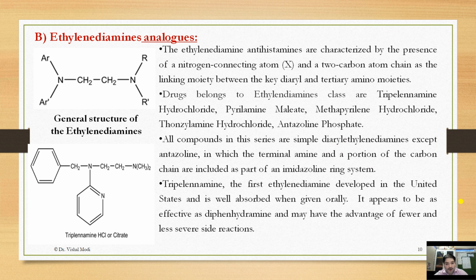Tripelennamine, the first ethylenediamine developed in the United States, is well absorbed when given orally. It appears to be as effective as diphenhydramine and may have the advantage of fewer and less severe side reactions. So from this class we have to remember the structure of tripelennamine hydrochloride.